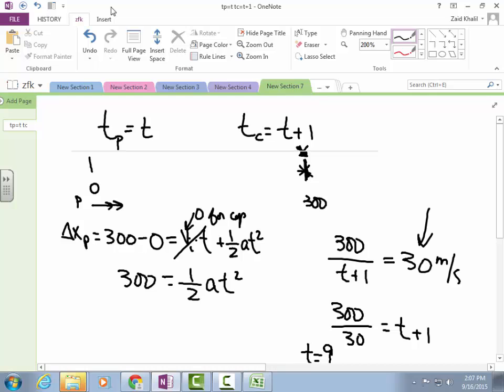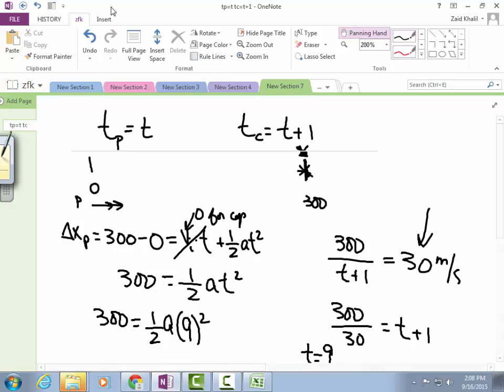And so since t equals 9, what can we do? Plug that in for t and solve for a. So we have 300 equals 1/2 a times 9 squared. What I did here is pretty subtle.